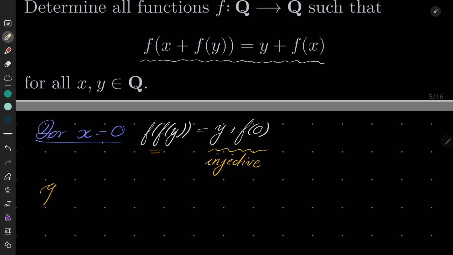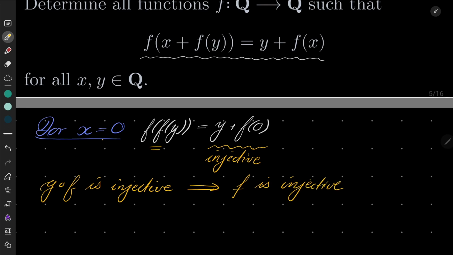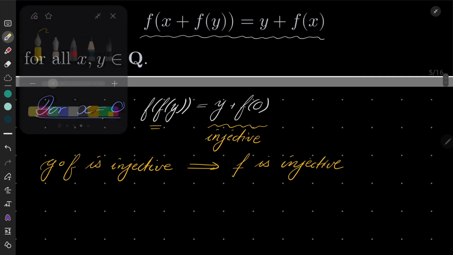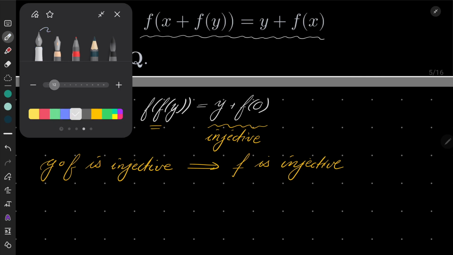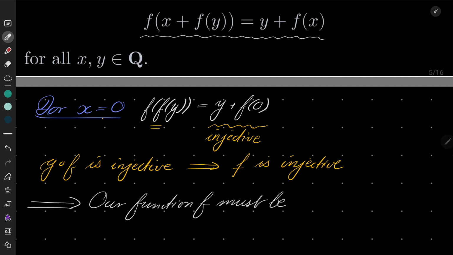So maybe I will write it like that: if g composed with f is injective, that implies that f must be injective. Okay, so we know that our function f must be injective.